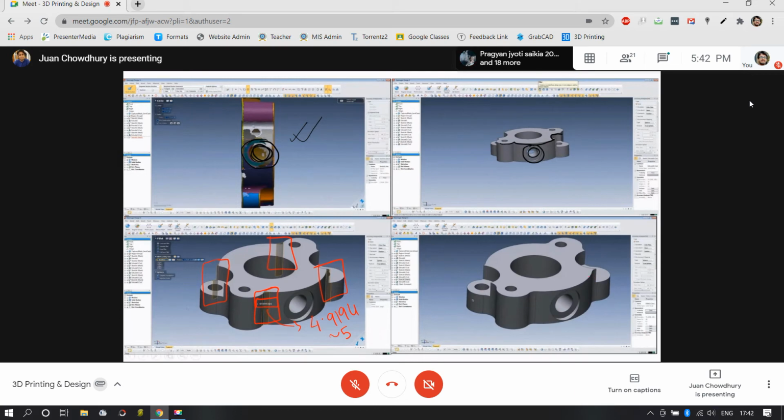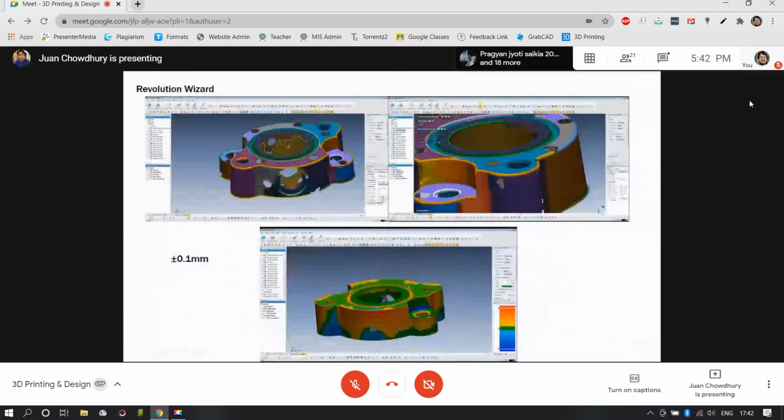The last thing to do is actually compare the scan body with the 3D printing body. Now what it does is that it creates a color distribution of the error between the model body and the 3D scan dots.